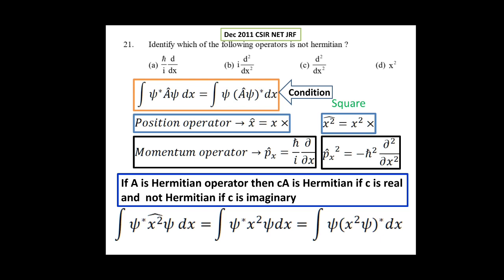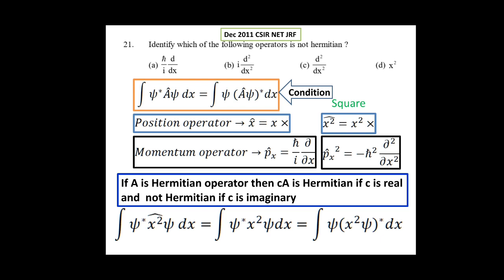Since d square by dx square is Hermitian, if I multiply it by an imaginary term i, then it is not a Hermitian operator. This is according to the theorem. So option B, i d square by dx square, is not a Hermitian operator.